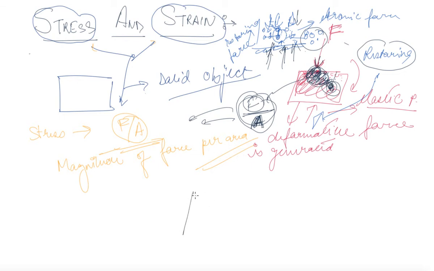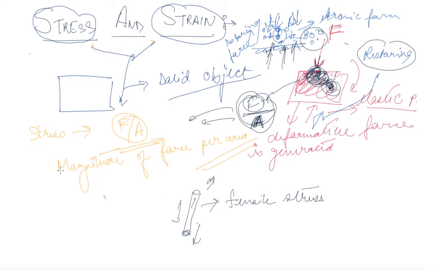Now there are two types of stress. Say suppose this is a rod. If you try to pull this rod in opposite directions, then the type of stress that the object experiences is tensile stress. That is, it's trying to elongate.